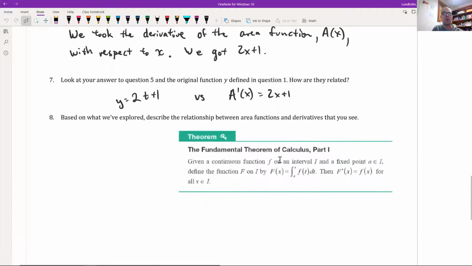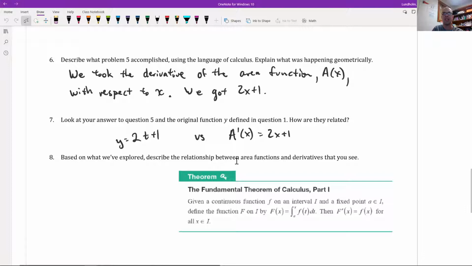And then based on what we've explored, describe the relationship between area functions and derivatives that you see. Well, the derivative of this area function was actually just the original function evaluated at x.